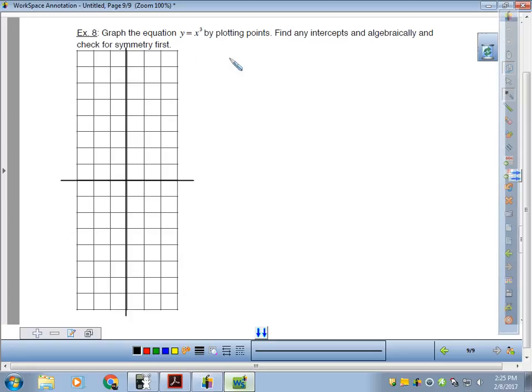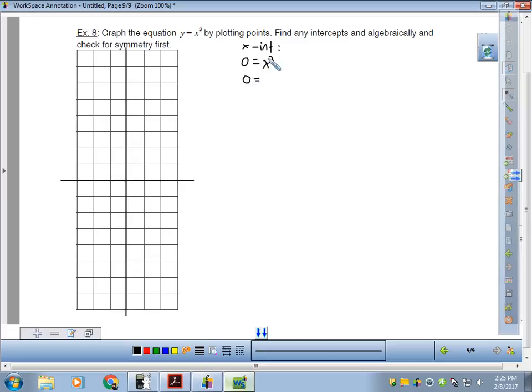So let's actually find the intercepts first. We'll start by finding the x-intercept. Remember, to find x-intercepts, we plug in 0 for the y and solve for x. So we have 0 equals x cubed. To get rid of a cube, you do a cube root on both sides. The cube root of 0 is still 0.